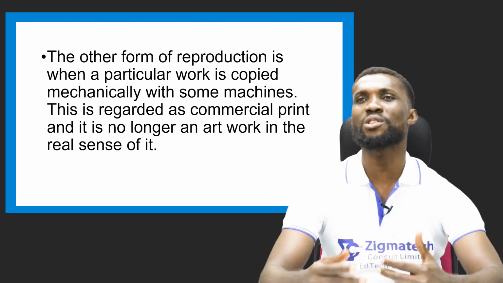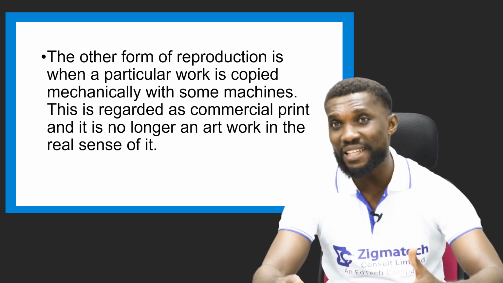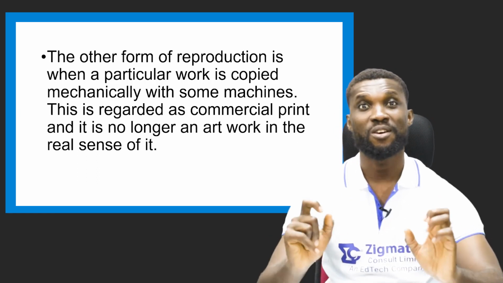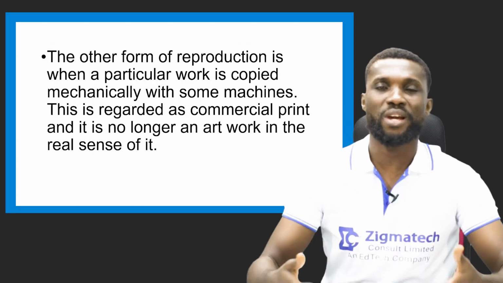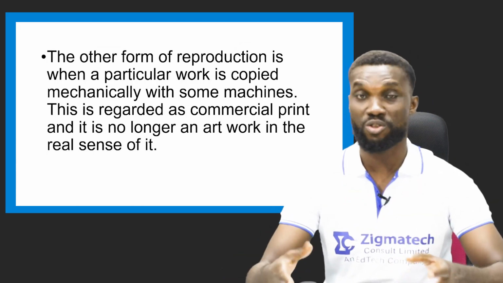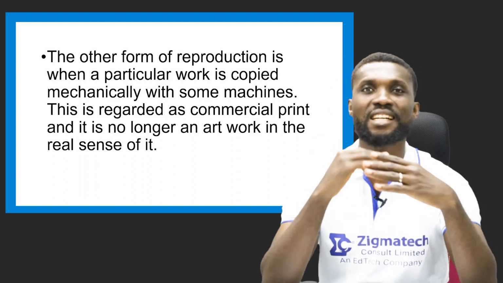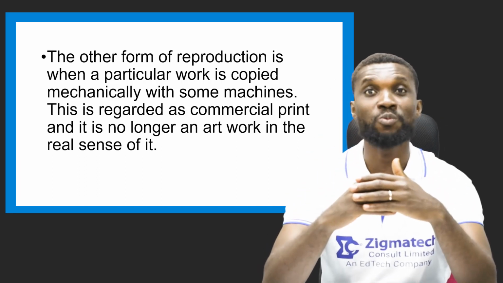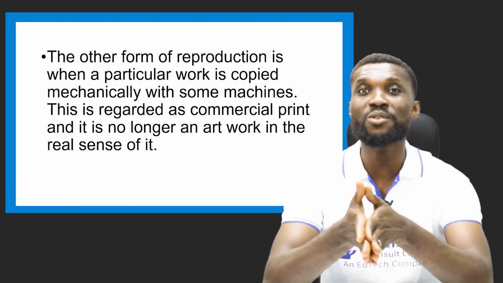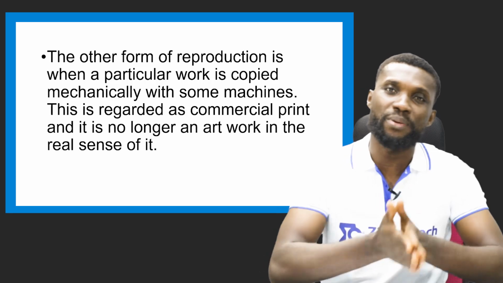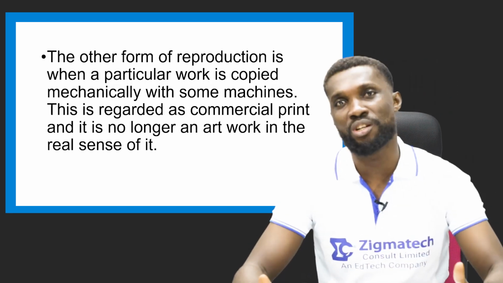This is also regarded as a commercial print, and it is no longer an artwork in the real sense of it. Today we have some prints. Some persons sell prints as artwork, but in the real sense, it has gone out of artwork. It is now a print. So if you're selling it, you don't sell it as art, but you sell it as a print. There's no way you can compare the printed work with the original work.